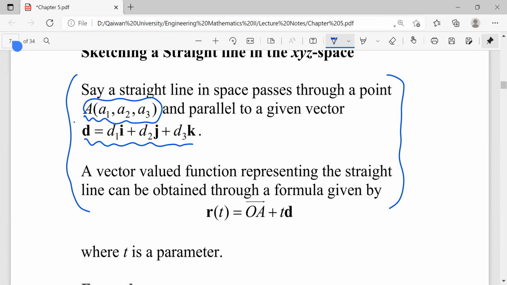From these two, we can get the equation of the straight line, or the vector valued function which represents it. Here we say R of t equals the vector from the origin to point A plus t times vector d.